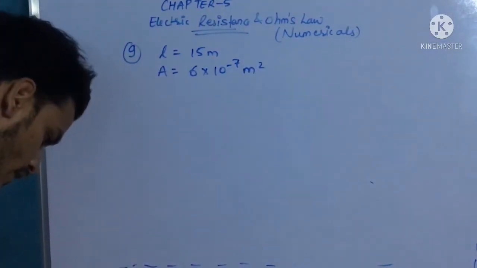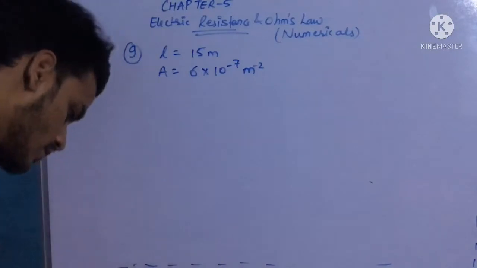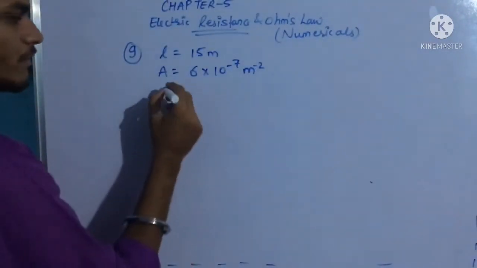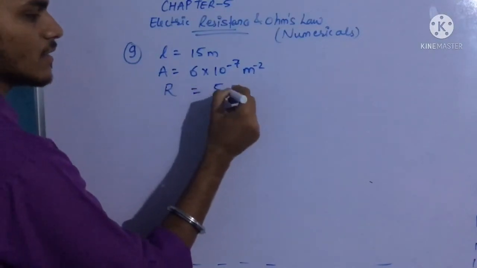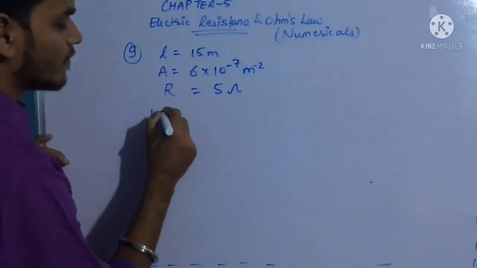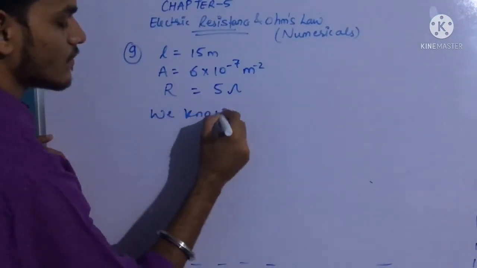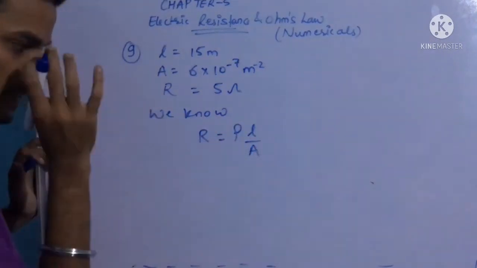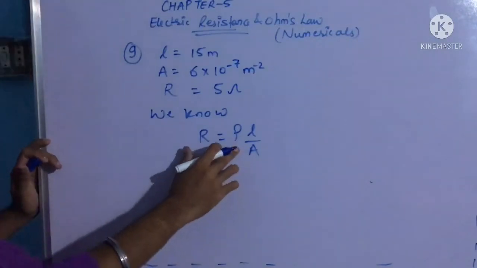Sorry, it's per meter. Its resistance is measured to be 5 ohm. Resistance is given as 5 ohm. Now we have to find the specific resistance. We have a formula, R is equal to rho L upon A, where rho is the specific resistance.